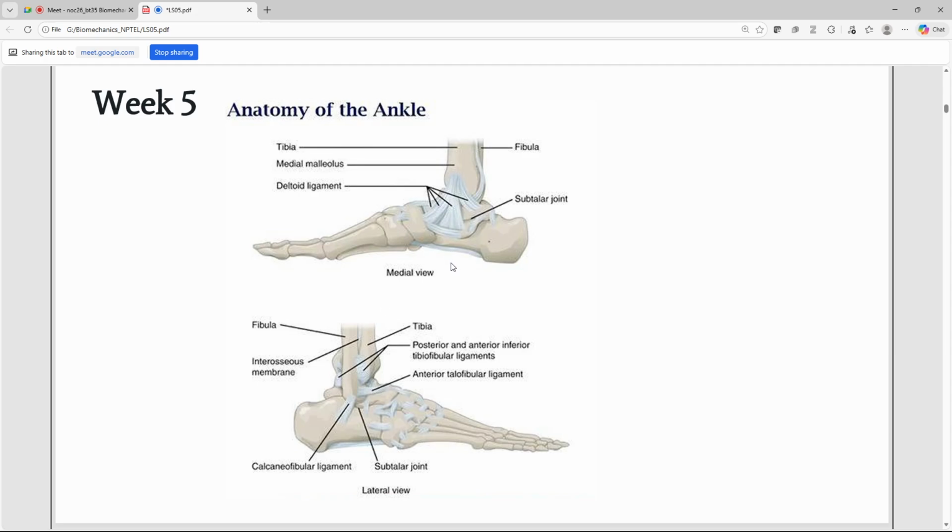This is the ankle, that is the joint of foot and lower leg. Here the bones in the lower leg are tibia and fibula. It is coming into contact with the complex of bones in our foot.